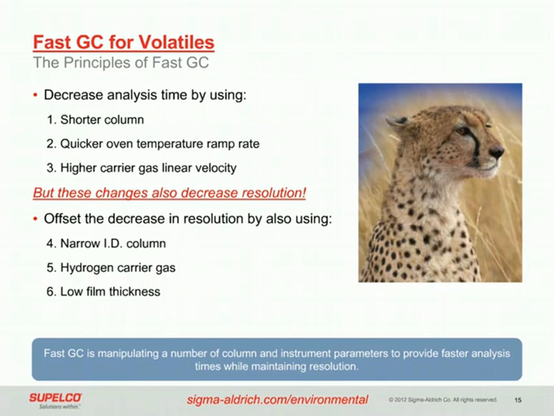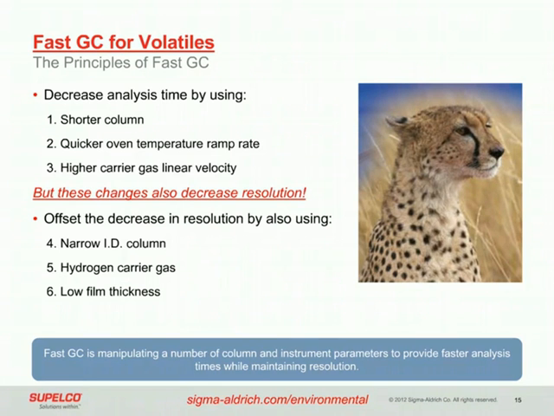We don't want to lose any quality, so we'll offset that decrease in resolution by using a narrow ID column. We'll switch to hydrogen carrier gas where we can, and we'll use a low film thickness as we decrease the column ID.